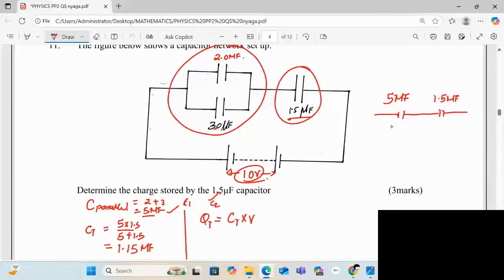So the charge stored here is the charge stored here. Therefore, if we get the total charge, then we will be getting the charge that will be stored in each capacitor.